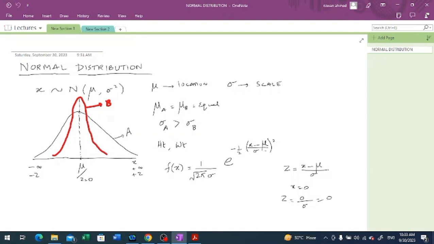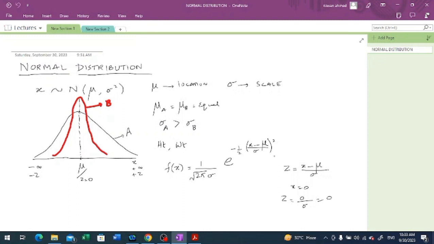The factor that is inside the whole square component we refer to as z. Z equals x minus mu divided by sigma is the formula by which we can transform our random variable x into random variable z.